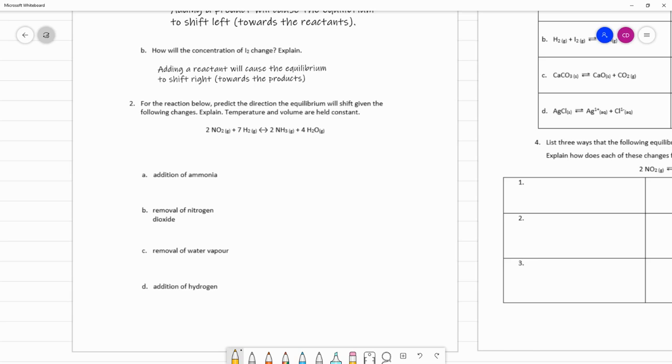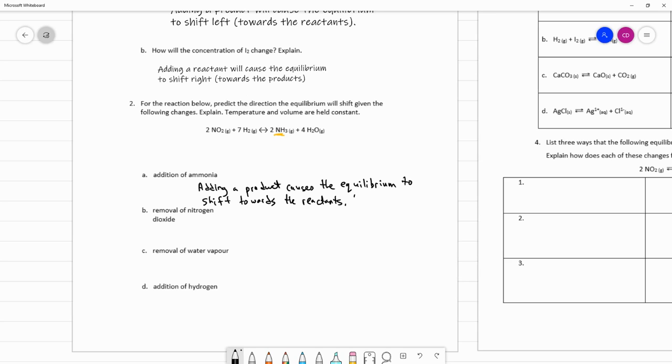So the addition of ammonia, which is a product in this case, so adding a product causes the equilibrium to shift towards the reactants.